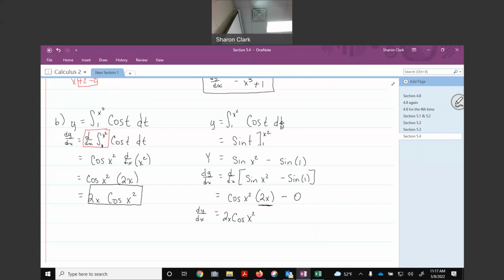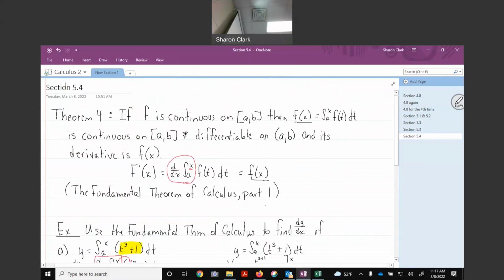We still have 2 letters, y and x now. We don't have a t because we plugged in for it. That's what the theorem says. It's from a, which is a number, to x, f of t. We plugged in the x for the t, which gives us f of x.